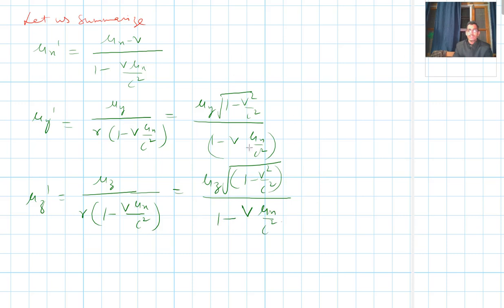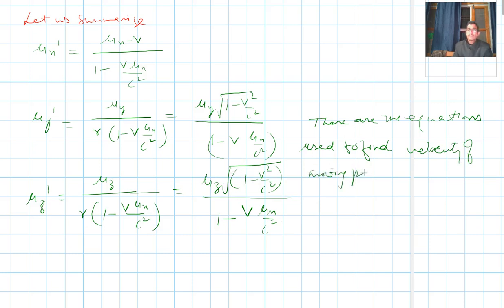So these are the three results which we are getting, and these are the equations used to find the velocity of a moving particle when seen from the moving frame of reference, right? So that's all for this.